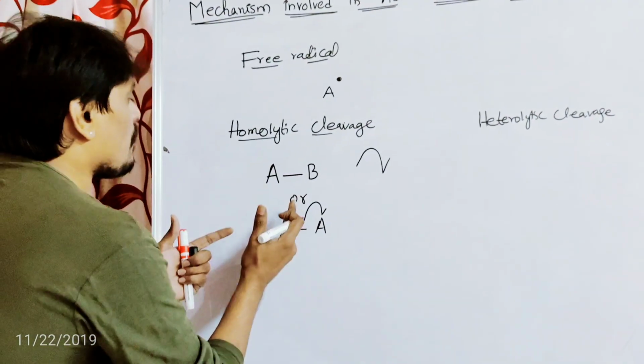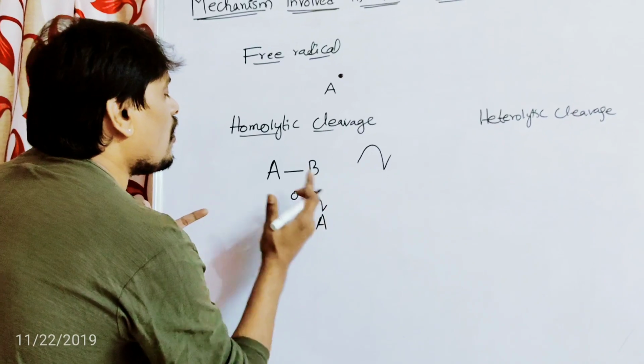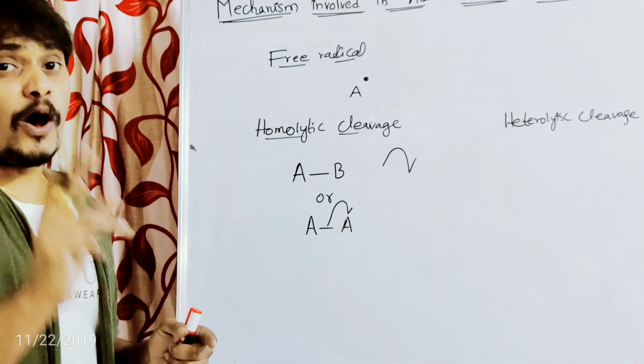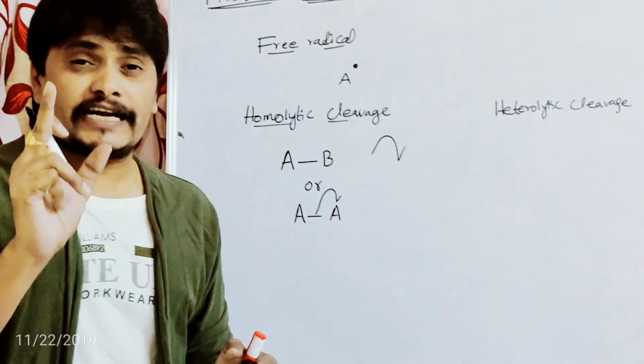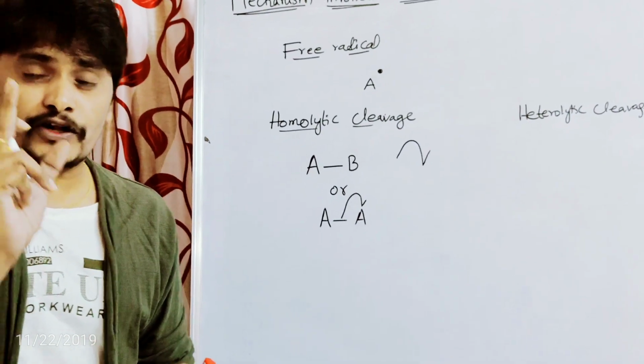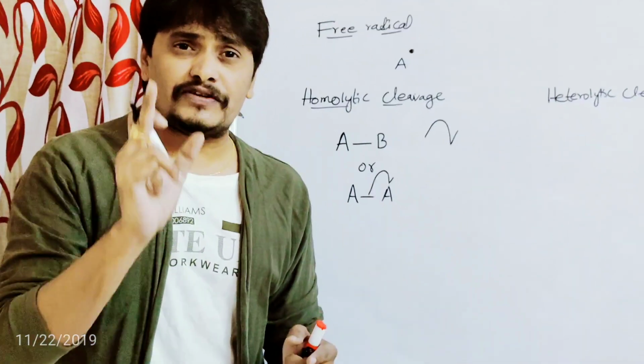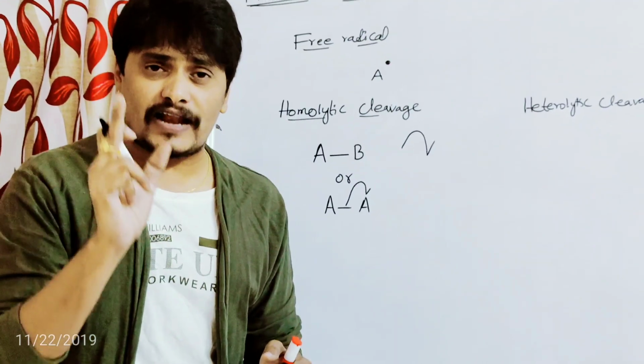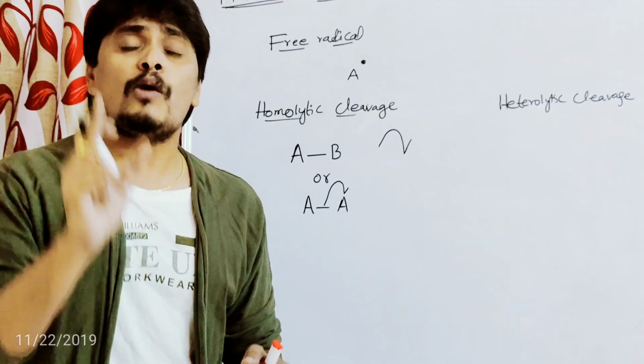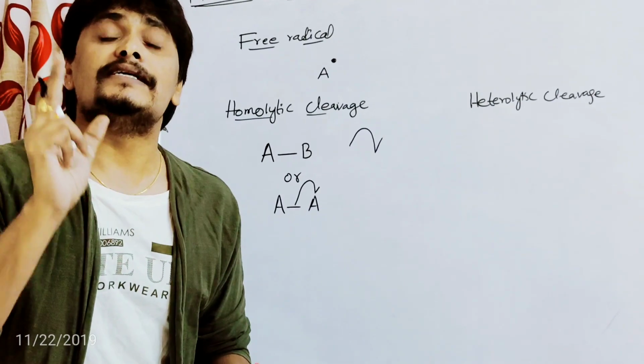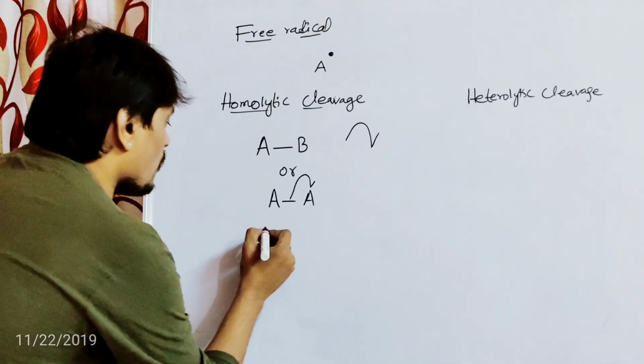So this arrow mark can be headed towards the right A or towards the left A. After the homolytic cleavage, whatever atom is present at the head part as well as the tail part of the arrow mark, both get the free radicals only.